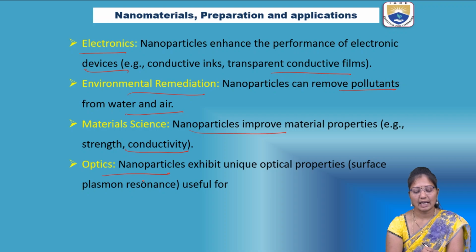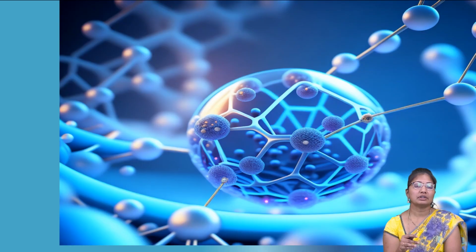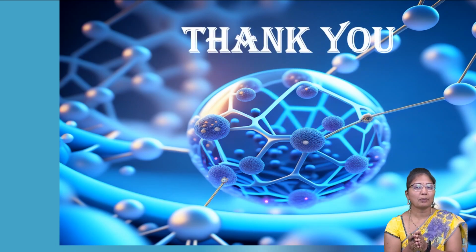The optics. The nanomaterials exhibit some unique optical properties which are useful for imaging processes. So the application of these unique properties of these nanoparticles causes applications in different fields.